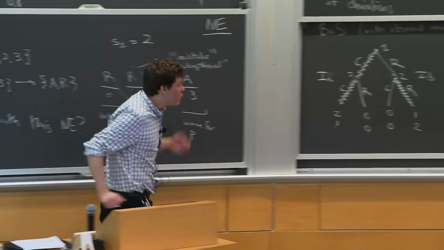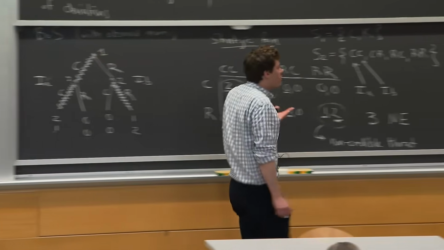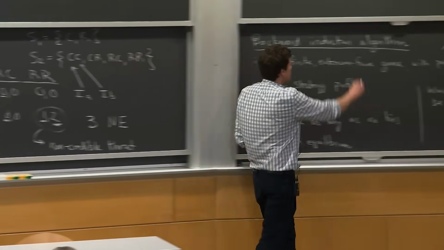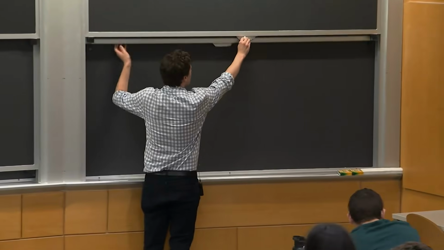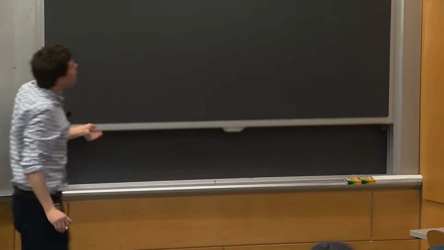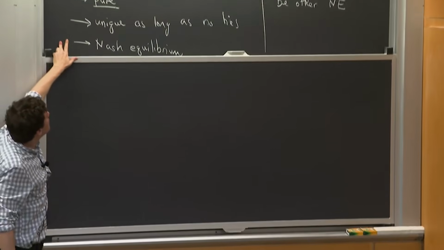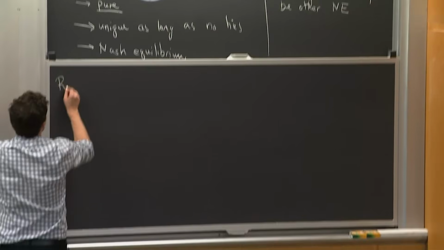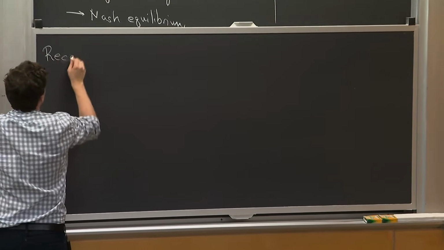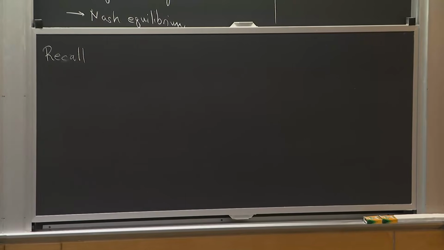Now, I think one nice implication of this that we shouldn't forget is that, recall that some of the strategic form games we looked at before did not have pure strategy Nash equilibria.